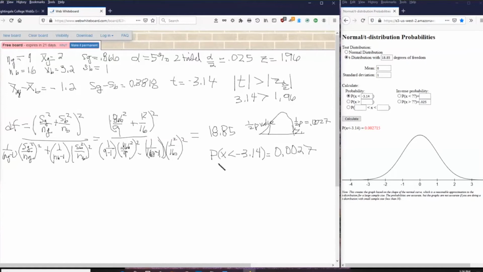So to get our true p-value to compare to alpha, we're going to take 2 times 0.0027, and that is going to give me 0.0054.